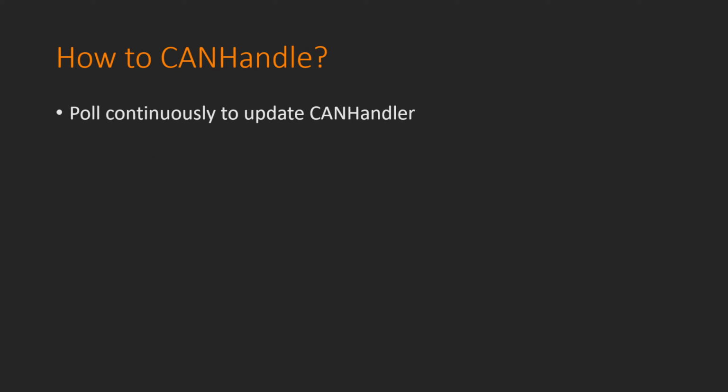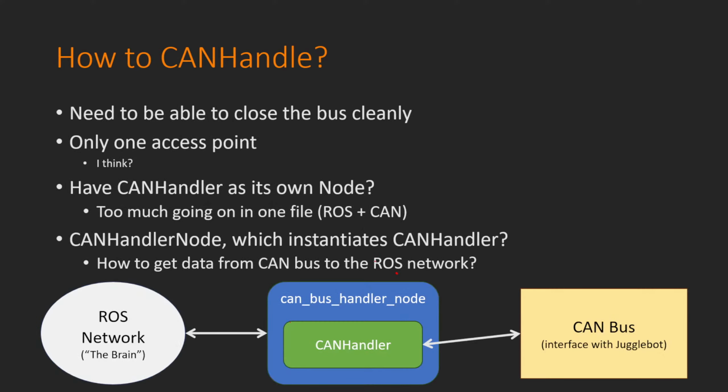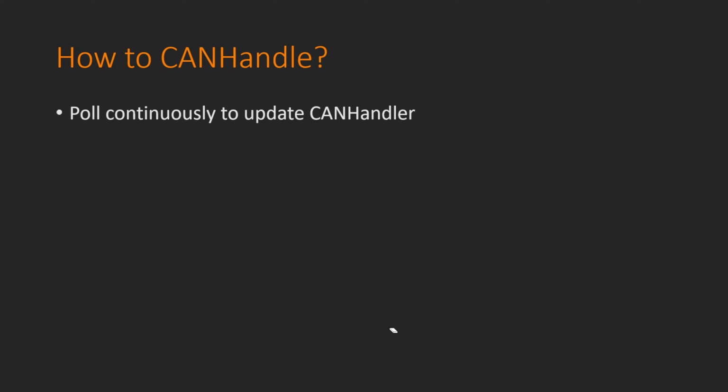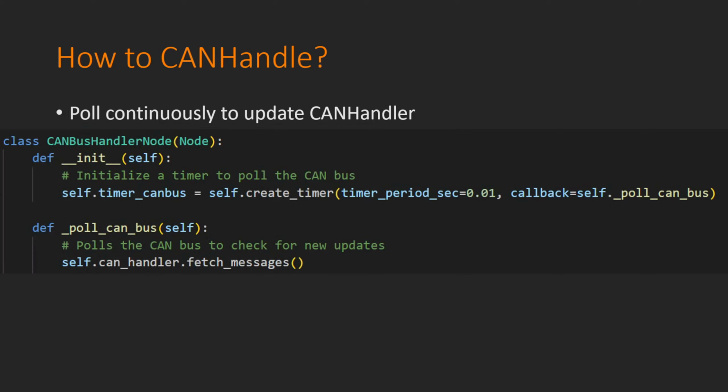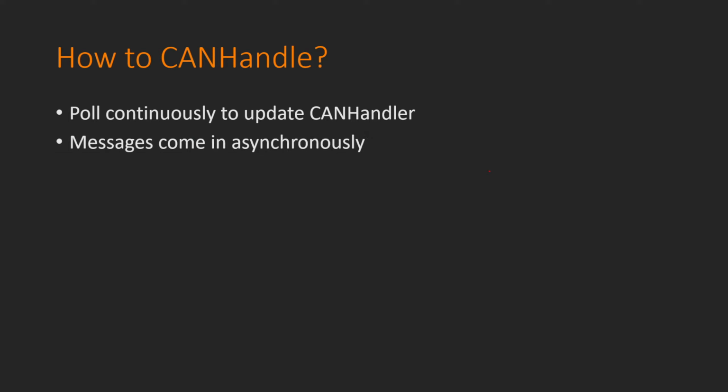And so what I've done is within this CAN bus handler node, I am polling continuously to update the CAN handler. So at the beginning, I'm setting up a timer that runs 100 times a second. And every time it runs, it will call the CAN handler to fetch more messages. So 100 times a second, we're just seeing what new messages there are on the CAN bus.